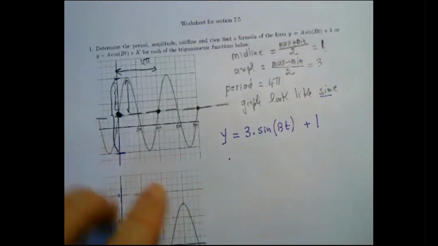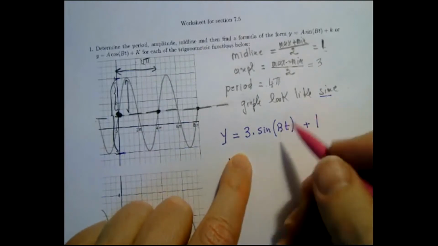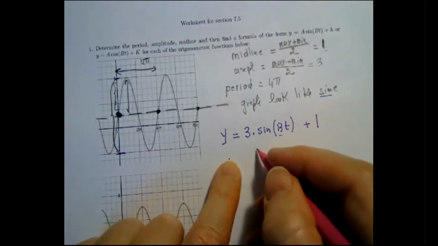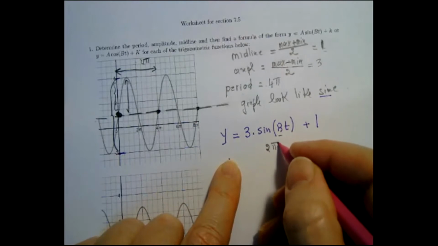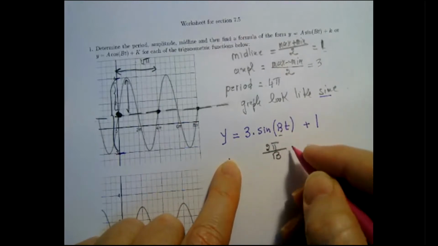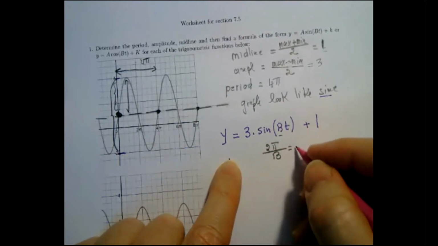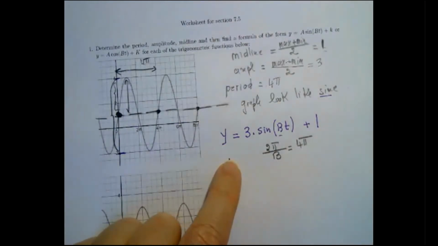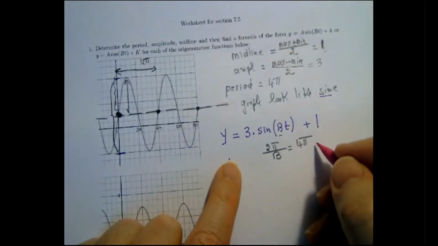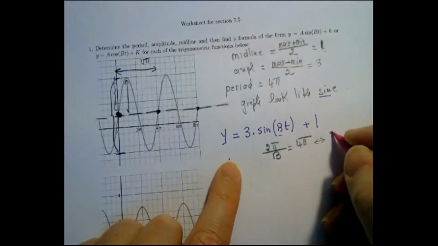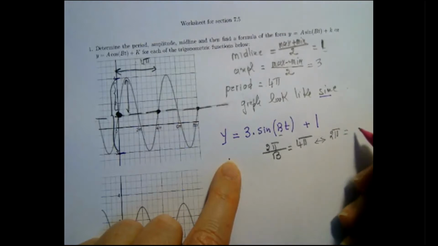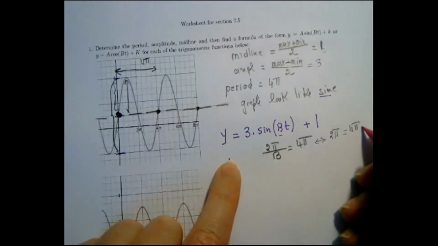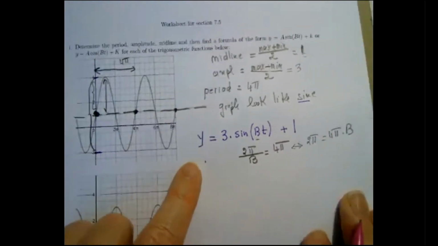How can I find b? To find b is as follows. We say 2 pi over b should be equal to the period. Now this means that 2 pi, I multiply by b to isolate it. It's 4 pi times b.